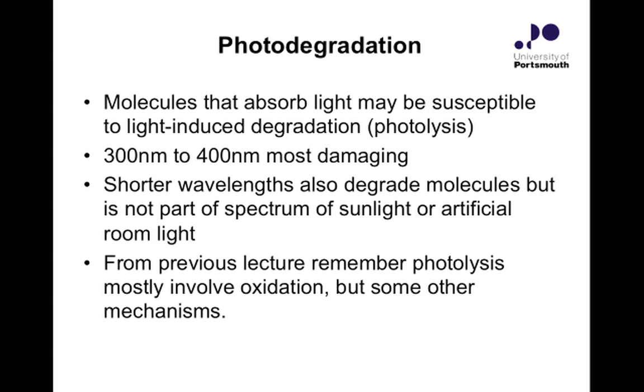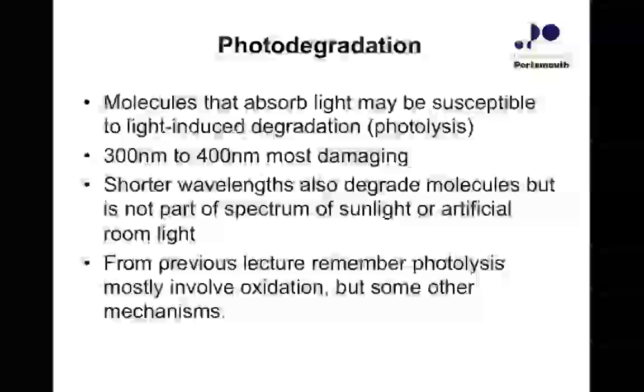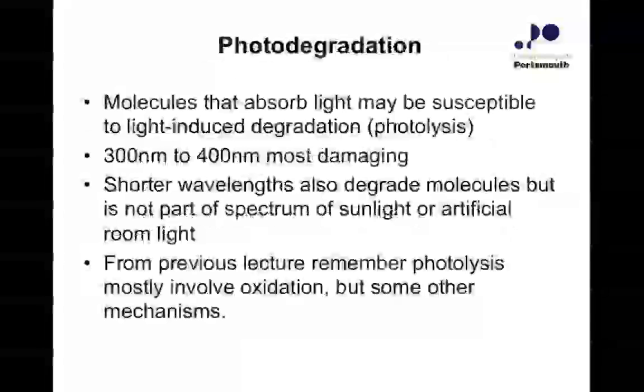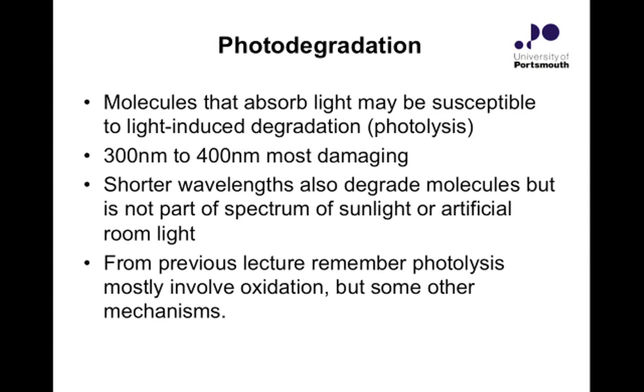And we've seen the effect of light before, and remember that photolysis is often linked to oxidation, and that photodegradation can occur and needs to be prevented by colouring bottles, etc., excluding light. And we've seen examples of that before, remember.